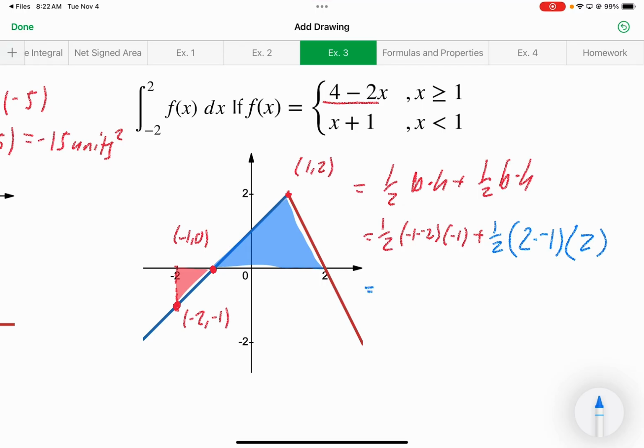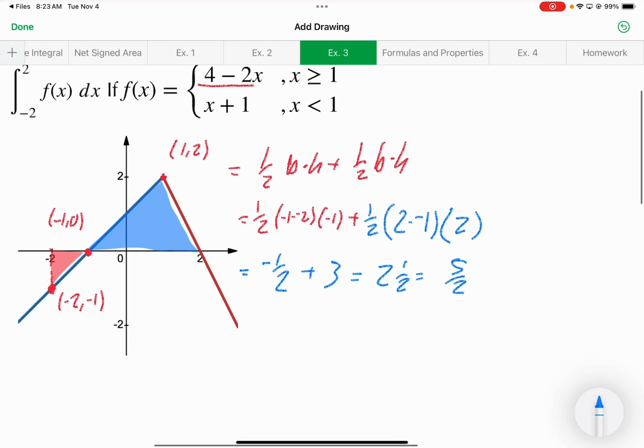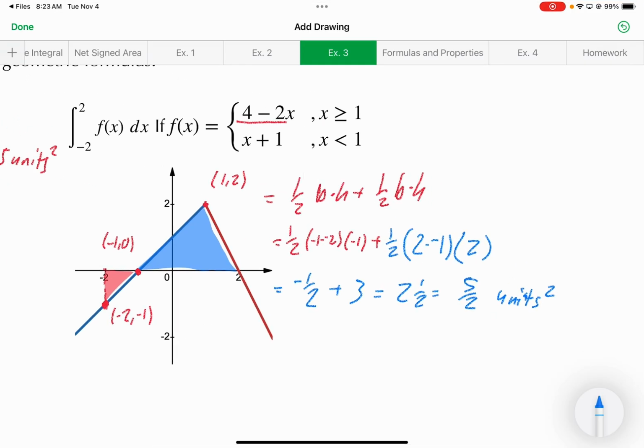So then I would have -1/2 plus 3. So then 2.5, or 5/2 units squared. Okay. All right, questions there? We did a lot of area.